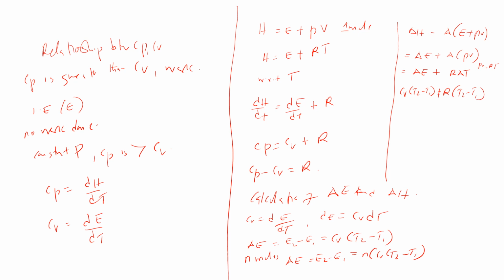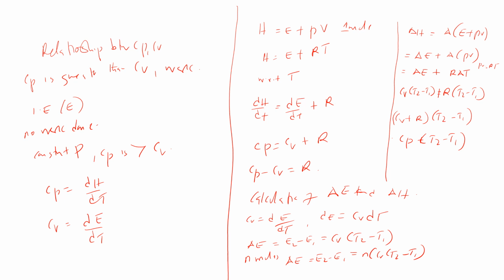And so this gives us Cv plus R into T2 minus T1. Cv plus R is Cp, so we have this equal to Cp into T2 minus T1.